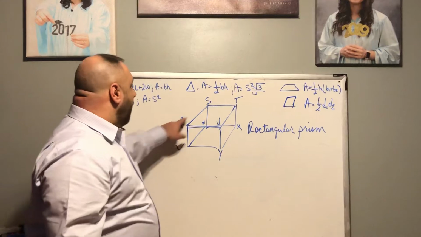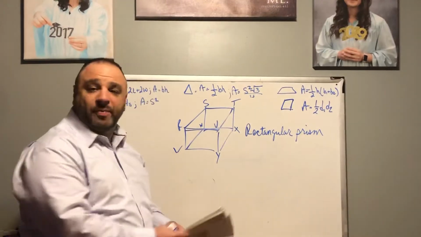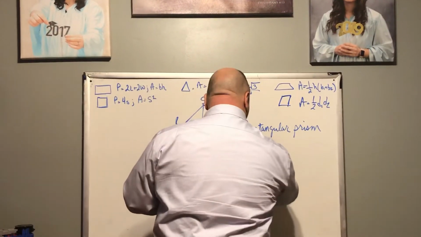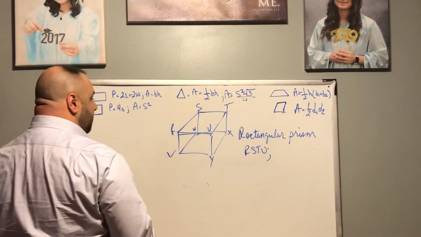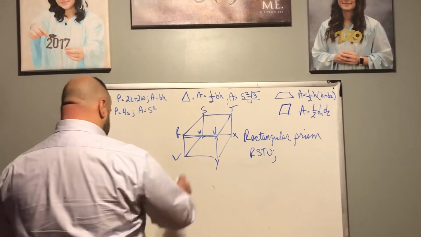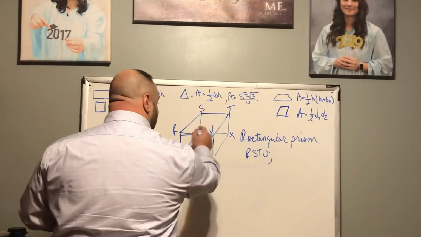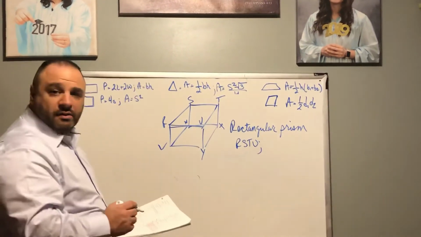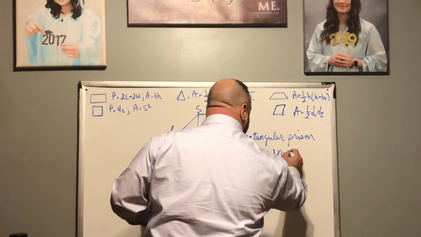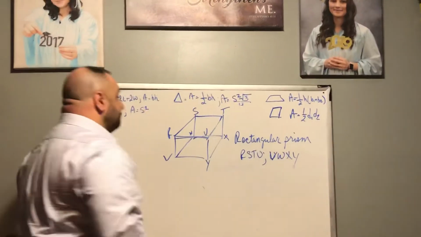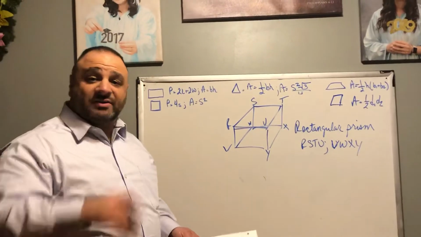So we would have R, S, T, U would be one base. And then the second base would be V, W, X, Y. There's your bases, the top and the bottom.